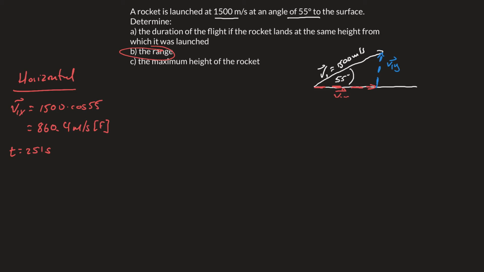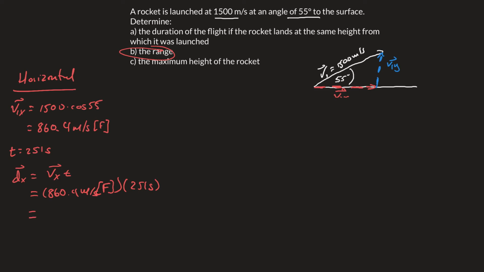So simply, that gives us dx is equal to vx times t, which is 860.4 meters per second forward times 251 seconds.